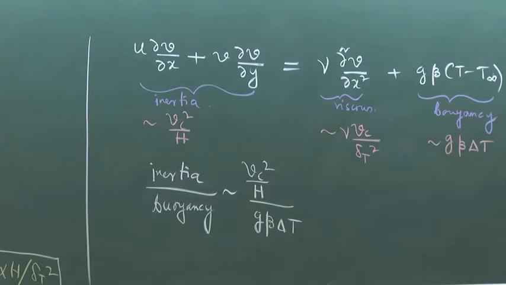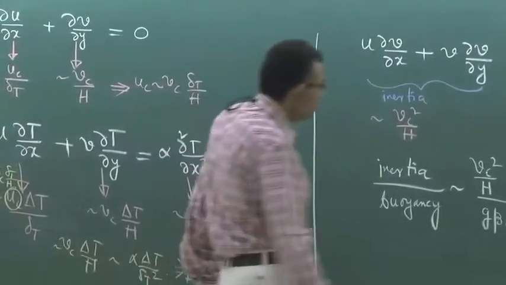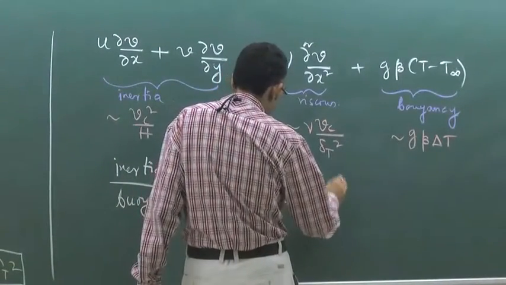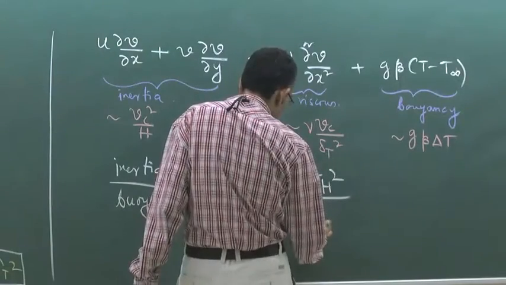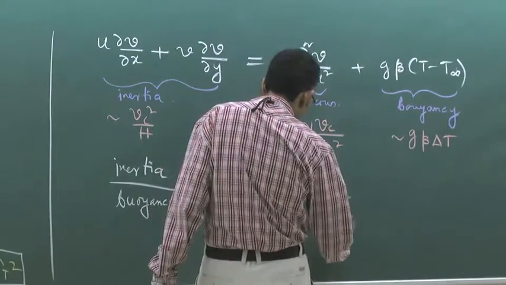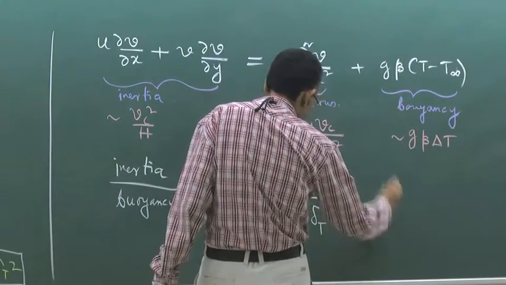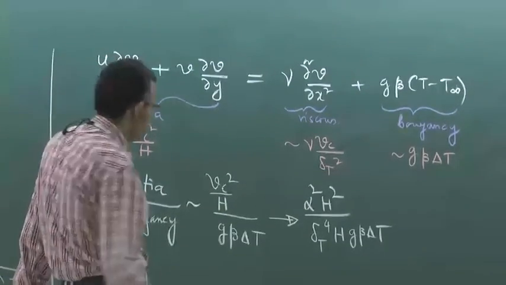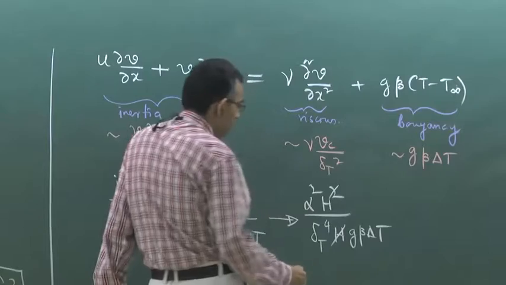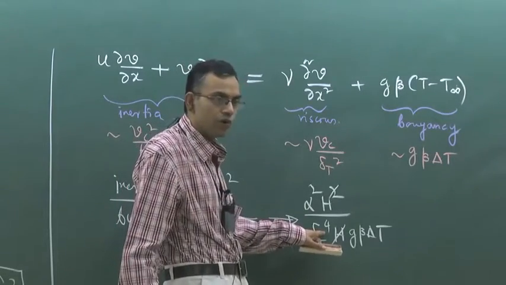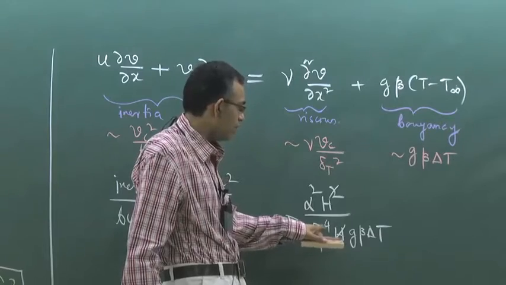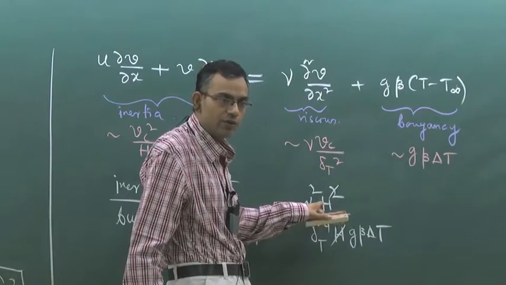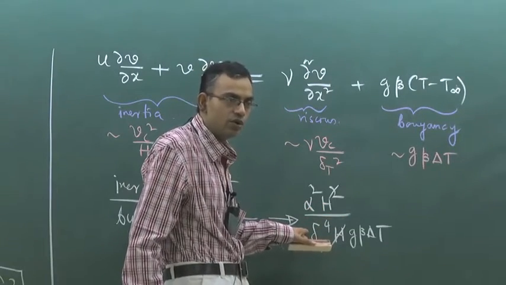So inertia by buoyancy is of the order of, now in place of Vc you can write alpha h by delta t square. So this is alpha square h square by delta t to the power 4 by h g beta delta t. So one h gets cancelled because here you have delta t to the power 4. So to make it compatible and non-dimensionalized, the numerator should have h to the power 4, then we will get h by delta t whole to the power 4.